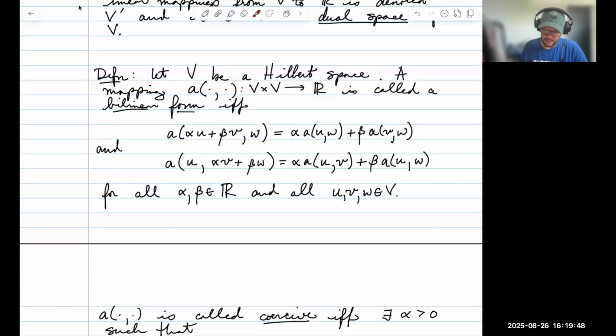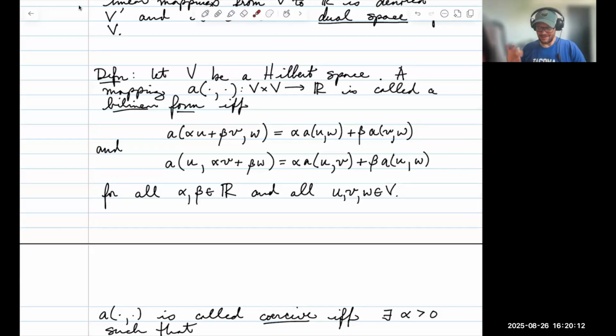So what does it mean to be linear in the first entry? A of alpha u plus beta v against w is equal to alpha A(u, w) plus beta A(v, w). In other words, it's simply exactly linear in that first entry.